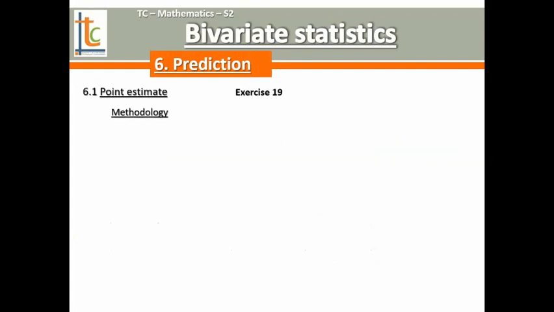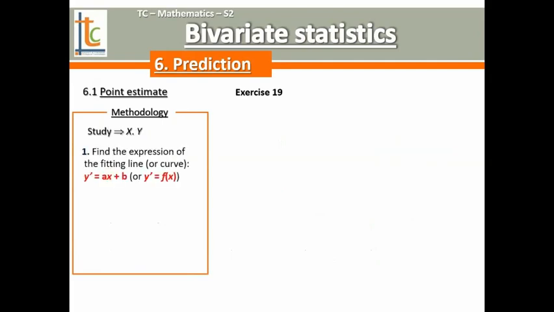Your methodology here is very simple. First, you have to know the expression of your curve or straight line. Then, you have to know at what location you want to establish your prediction. So this location was 12 for my example.